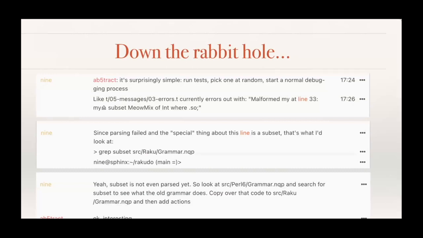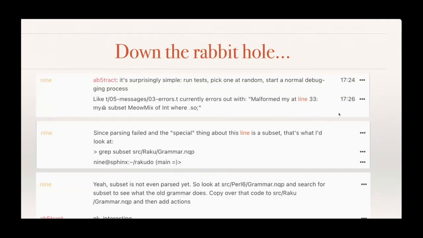So here's a conversation that all started. I won't read it all out loud, but basically it demonstrates that the subset is not yet implemented and then gives concrete instructions. Look at the Perl 6 grammar and port that over to the Raku grammar, then add actions. So I know that might still seem a bit abstract.